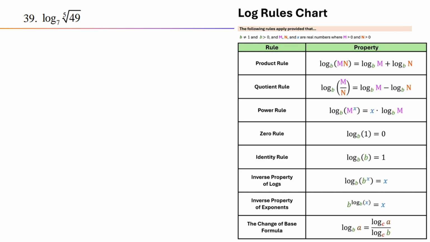Okay, so now we will use the change of base formula. Since we see the base is 7 right here, and we see 49 should be 7 squared. So the fifth root of 49, that is the fifth root of 7 squared.